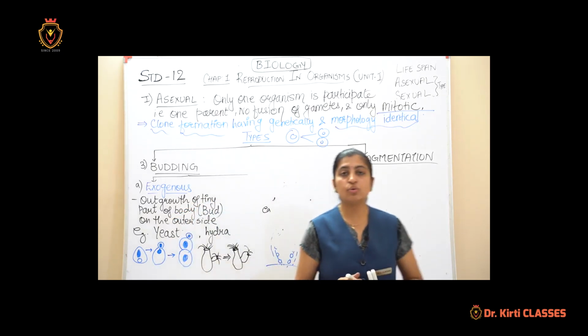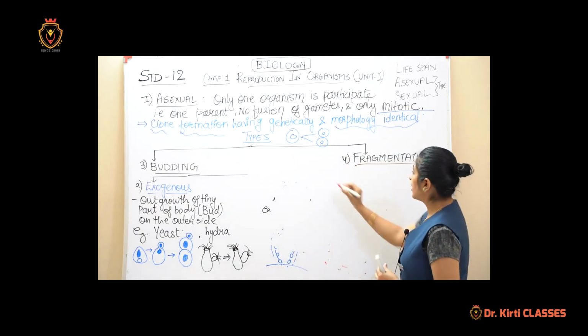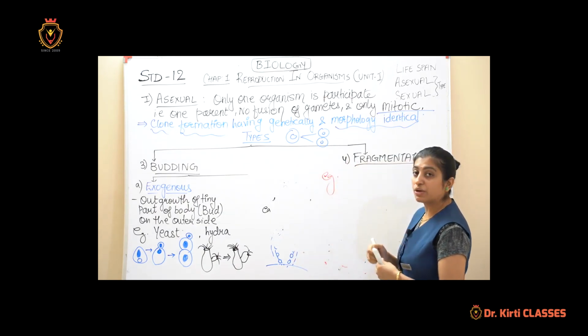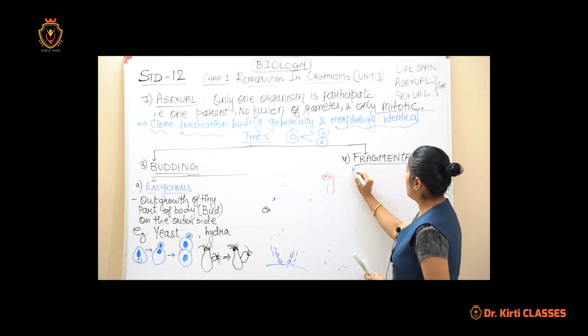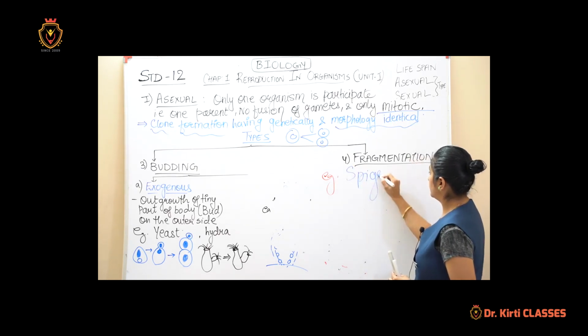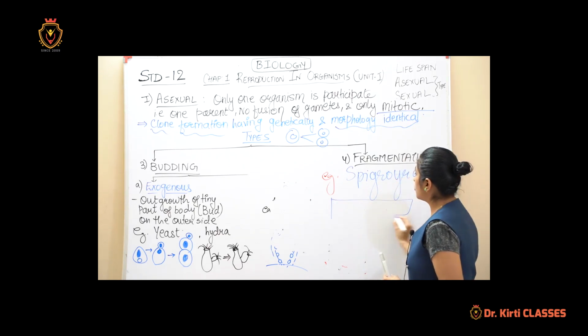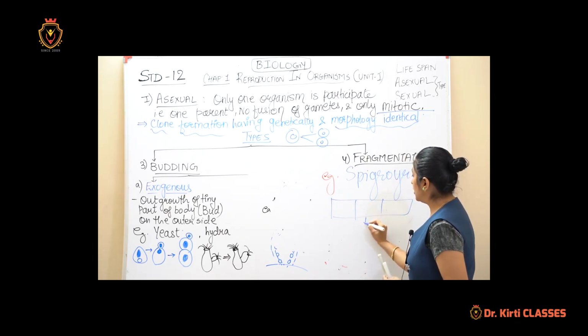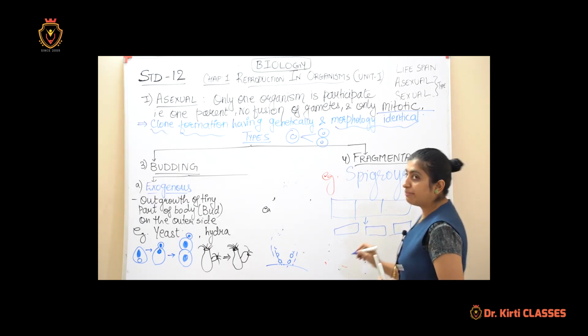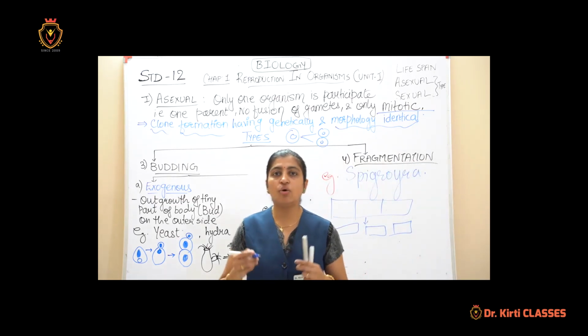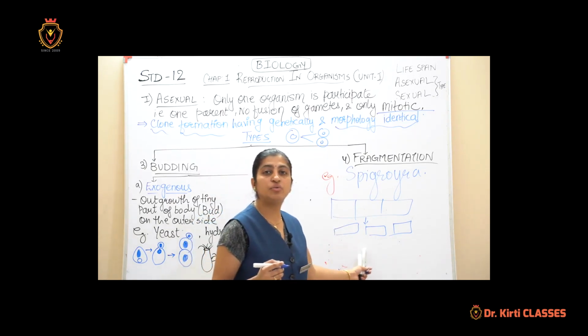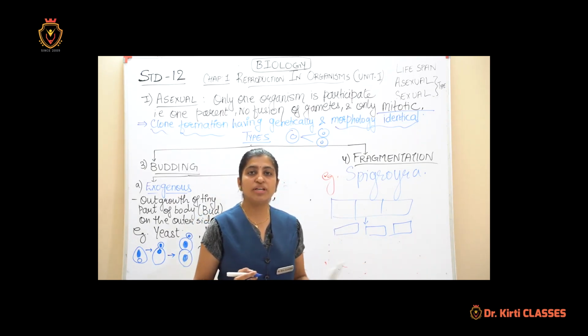The next example of fragmentation is Spirogyra, right? The body of the Spirogyra individual will be divided into small fragments, by any means, accidentally, or they will start dividing into different parts of their body.